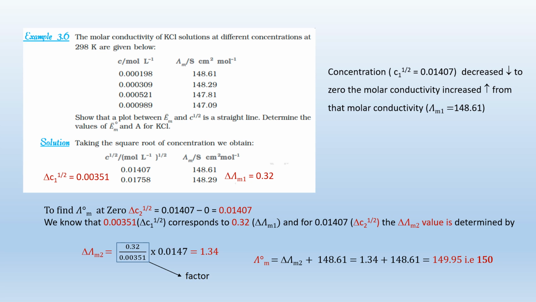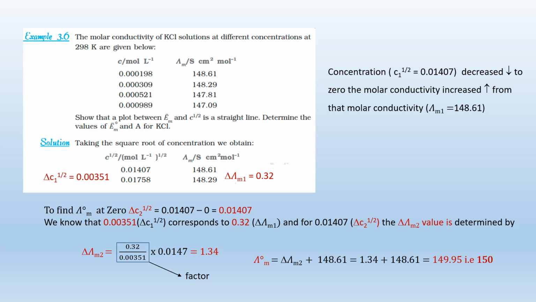To find out the unknown value, you can use the known values. You have to calculate the delta x value and the delta y value. Delta y by delta x shows the m value, that is a factor.